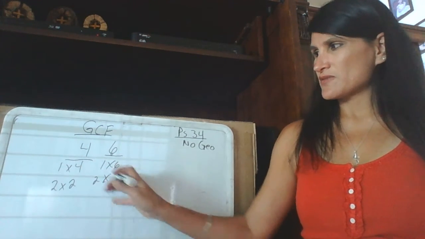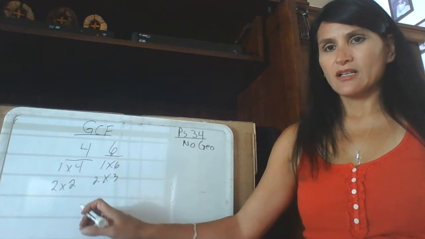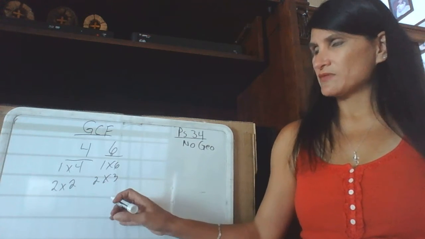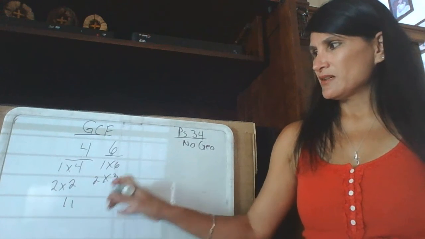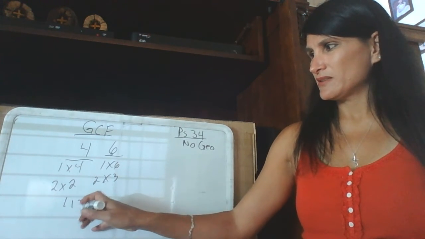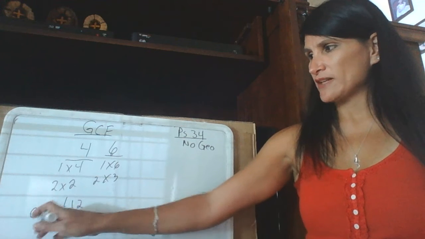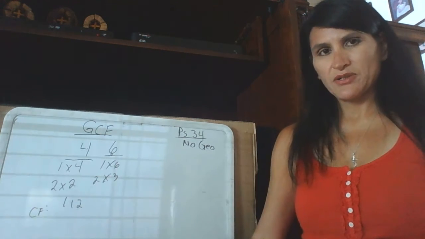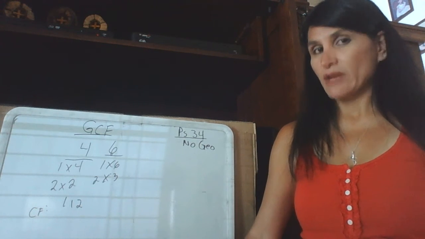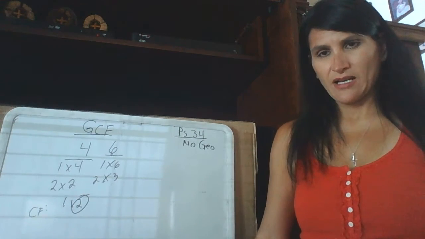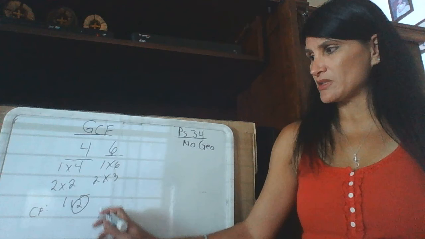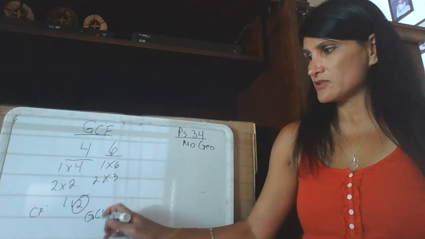Those are factors of 6, those are factors of 4. The common factors are the ones that they have that are the same. Common means the same. So they have a 1 in common, they have a 2 in common, and that is it. So the common factors, CF, would be 1 and 2. But the greatest common factor is the largest factor that they have in common. So in this case it would be the 2. So the GCF would be 2.